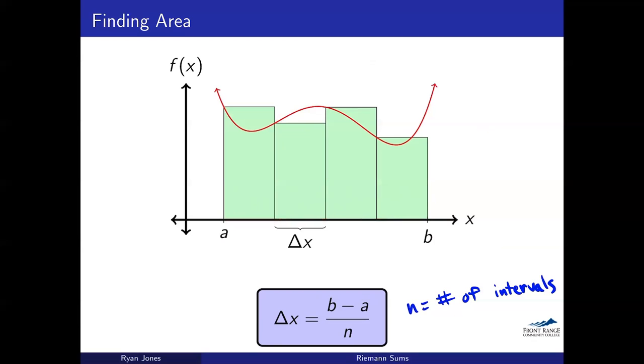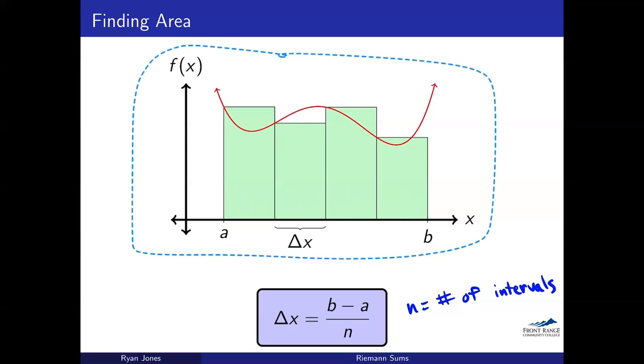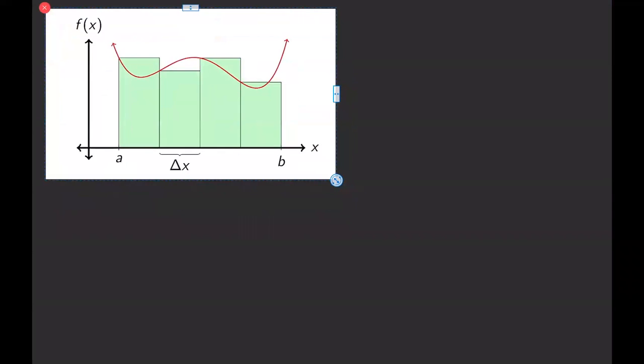So let's go ahead. What I want to do is take this graph right here and put it on a new slide. All right. So we've got this on a slide right here, and first off, I want to cover up this delta x right here.